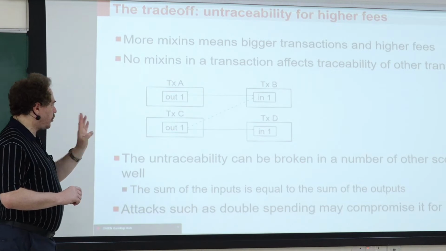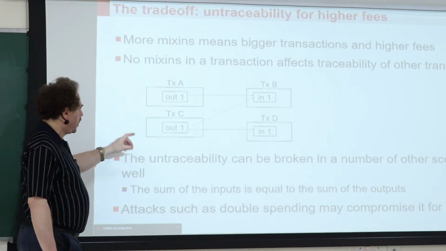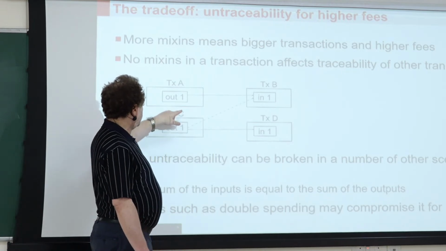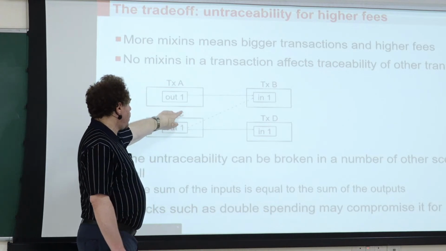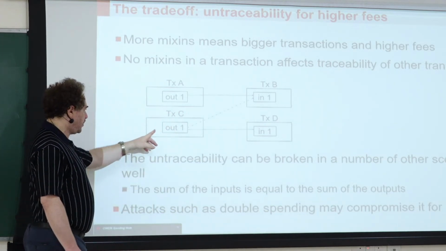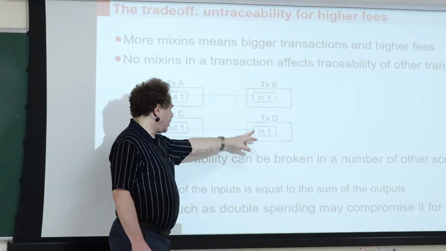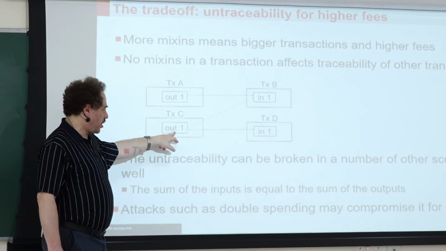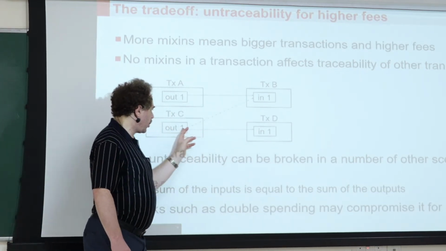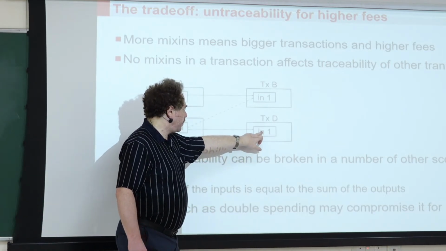No, okay, sorry. What I said was a bit incorrect. The problem here is with transaction C. In transaction C, the sender decided not to use any mix-ins. And therefore, this input has only one corresponding output, and there is no ring here. There are no mix-ins for this one, okay?